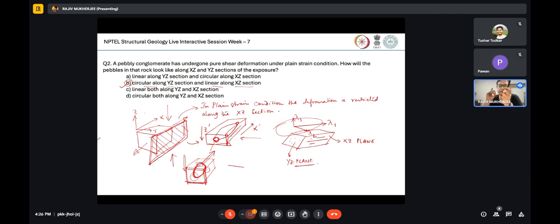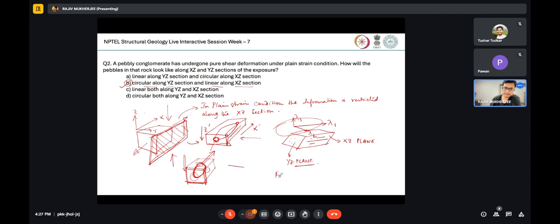Yes. So if you're dealing with foliations, you keep in mind the stress ellipsoid. In that case, you will think of sigma 1, sigma 2, and sigma 3. But whenever you're dealing with lineations, keep in mind the strain ellipse. That means you have to think of lambda 1, lambda 2, and lambda 3. So I may write it down.